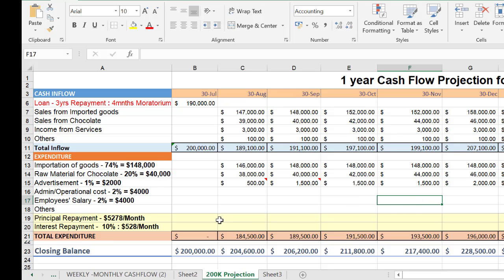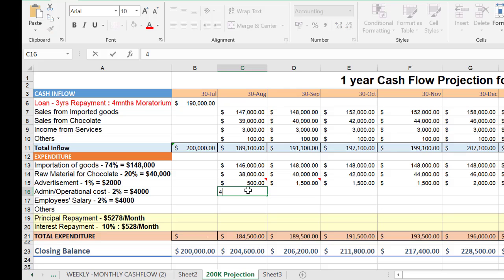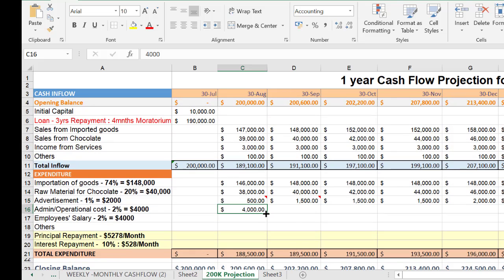Fantastic. All right, admin and operational cost. This is for probably rent, transportation, clearance, customs, office stationery, utilities, and all the rest. So I will be leaving them the way they are, $4,000.